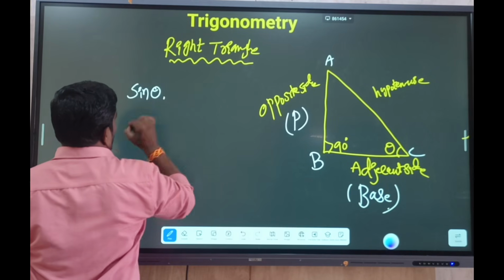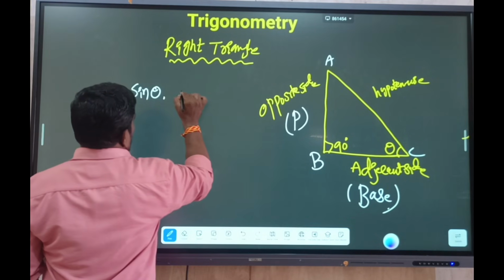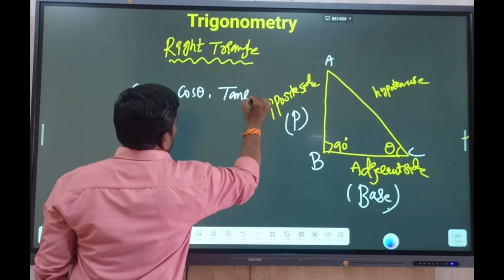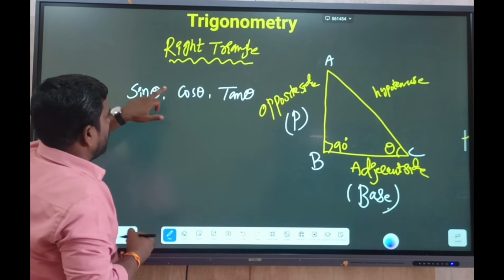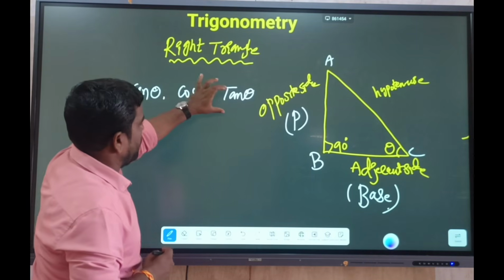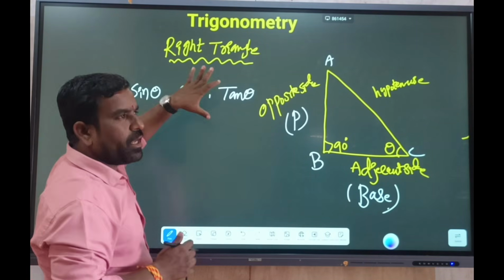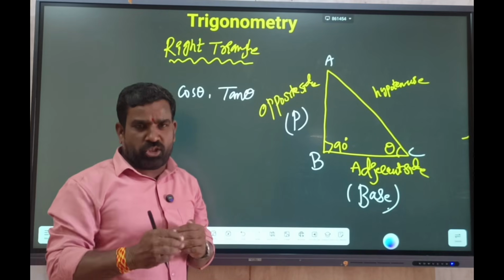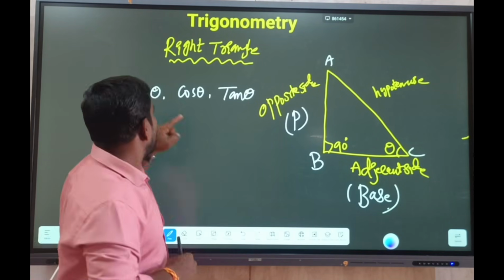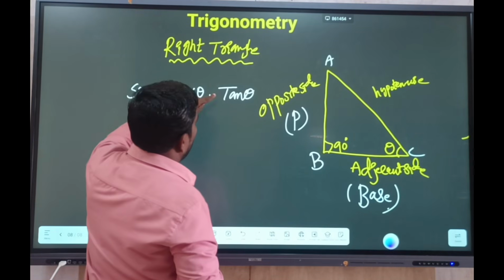Theta is nothing but an angle. This is very important: sin theta, cos theta, tan theta. These are the primary three trigonometry ratios.